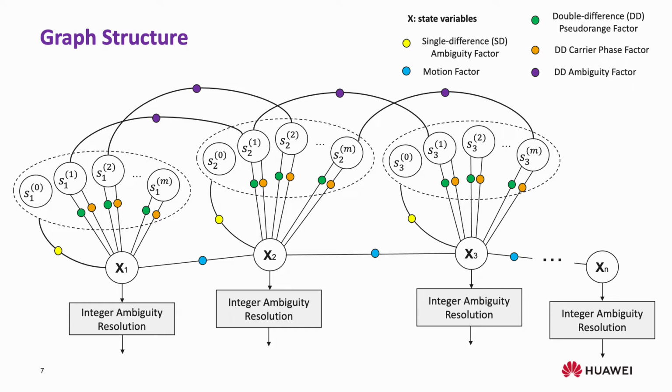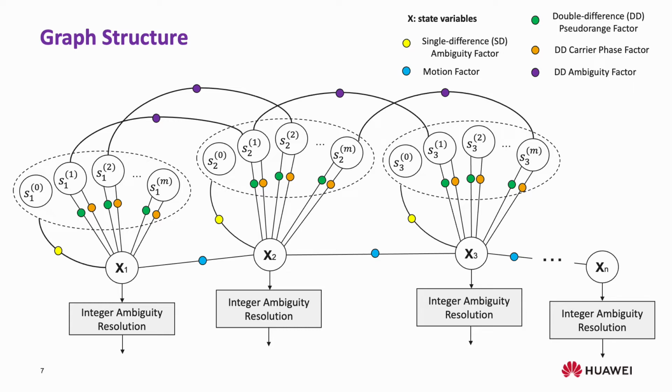First, the state variable represented by capital X includes the positions in ECEF frame coordinate, and also the single difference ambiguity of each received satellite used for integer ambiguity resolution. For factors, they are represented by different colors in this figure. There are 5 kinds of factors.